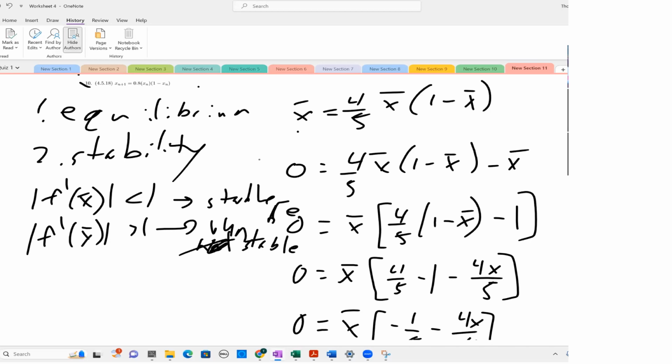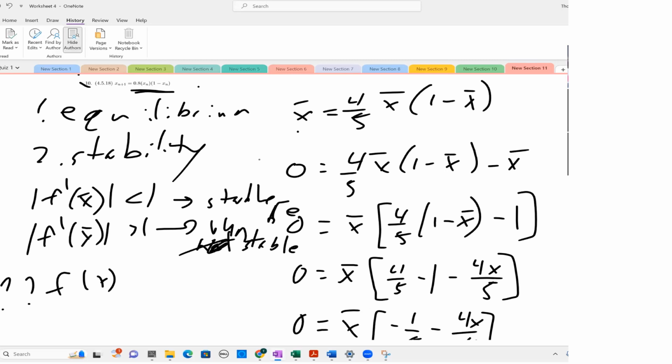But the big question that I always struggled with was, what is my f of x? And it turns out that f of x is the equation here. xn plus 1 is equal to a function of xn.